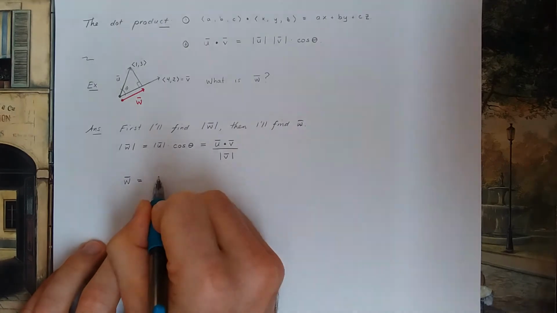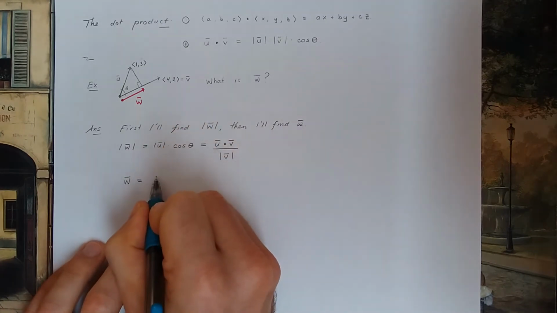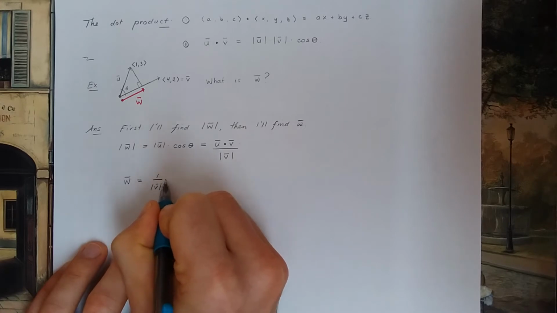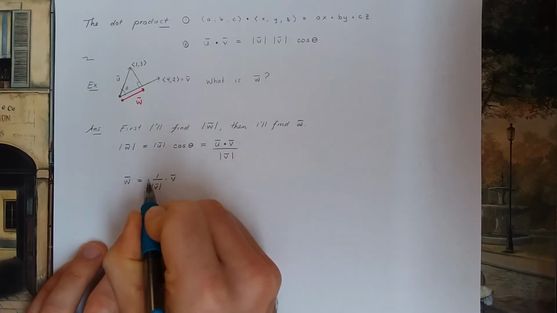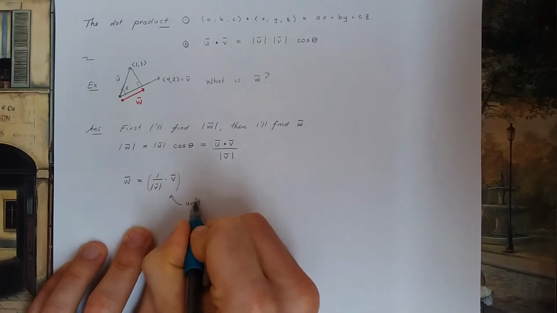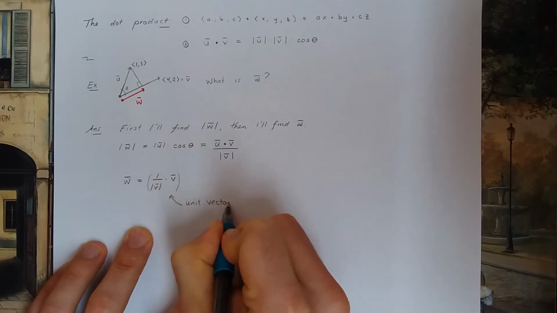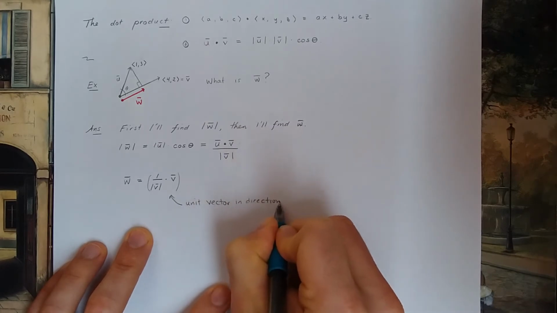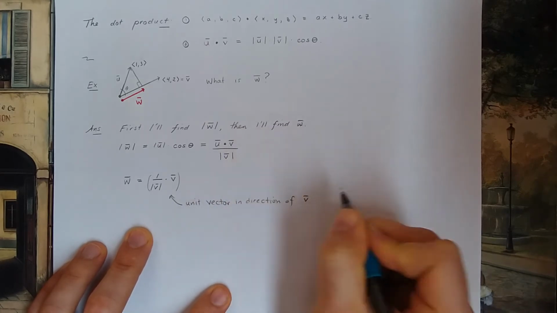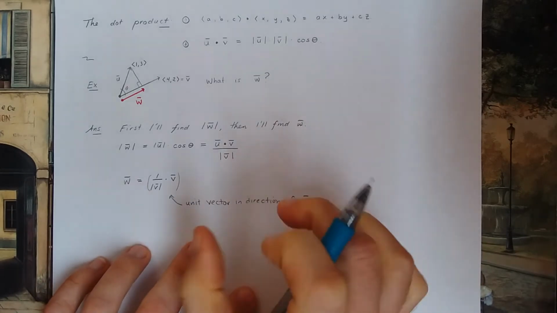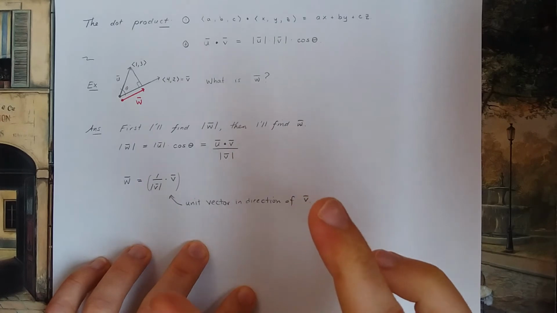So a unit vector in the direction of V is 1 over the length of V times V. Then I'm going to take my unit vector and scale it to have the length I want.